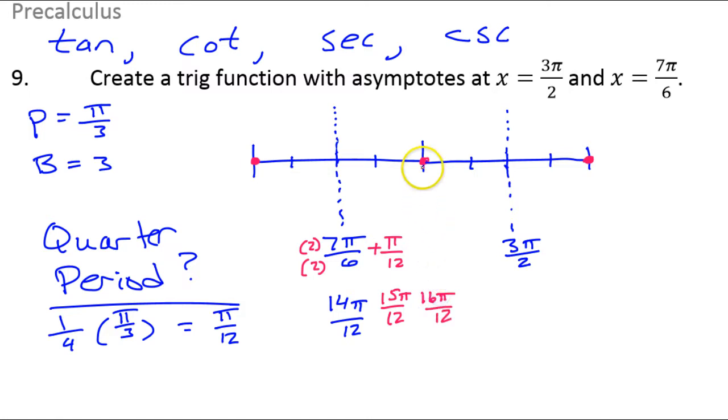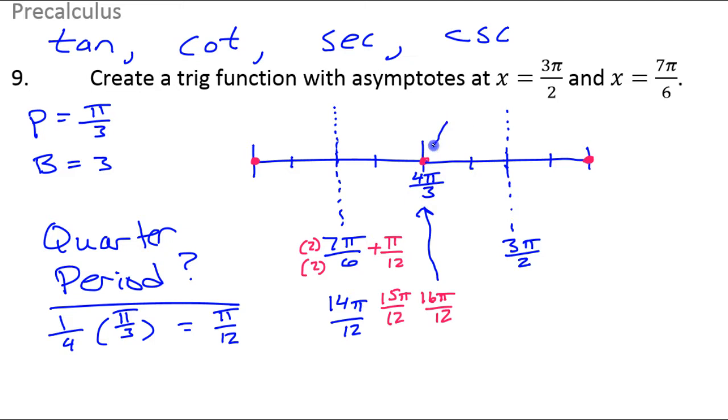Okay, so that should be this guy right here. But this reduces, so I need to do that. 16 pi over 12 reduces down to, dividing both of these by 4, 4 pi over 3. So this point is at 4 pi over 3.